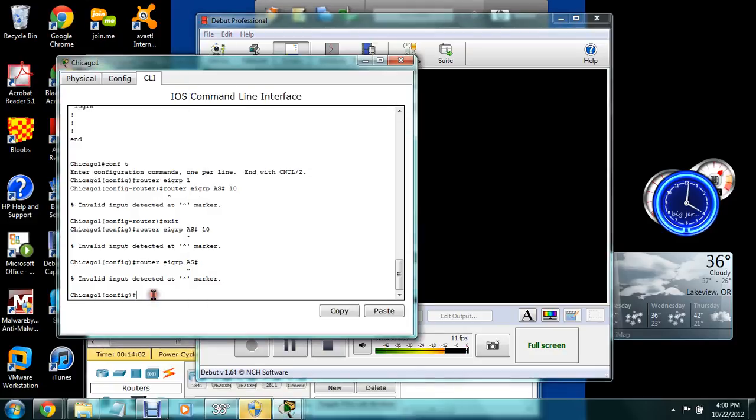Okay, I think I've got it figured out now. For some reason the number after you put in router EIGRP is always the autonomous system number. So that's a little learning experience there.